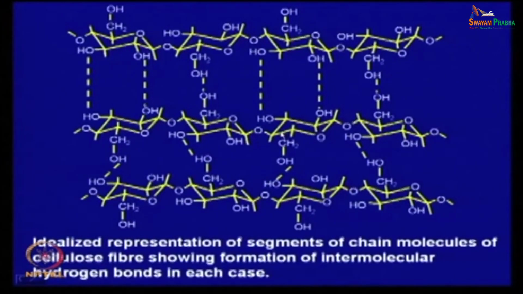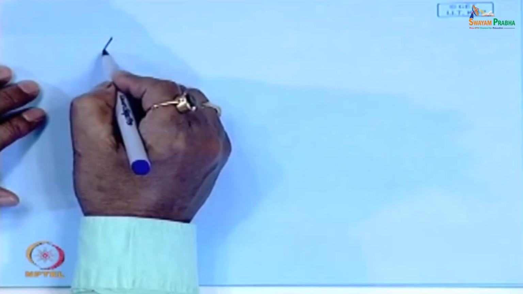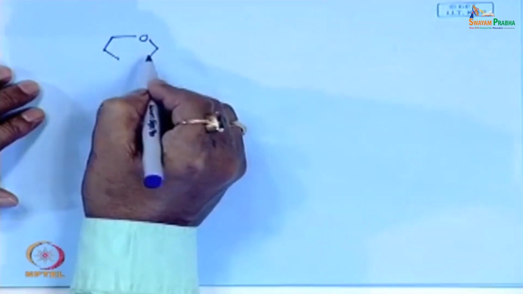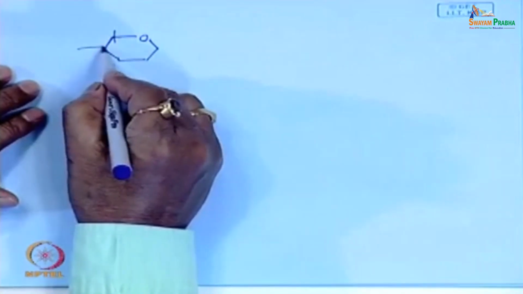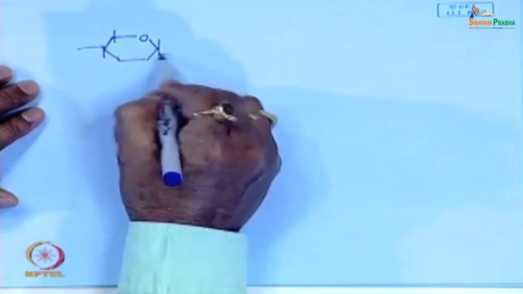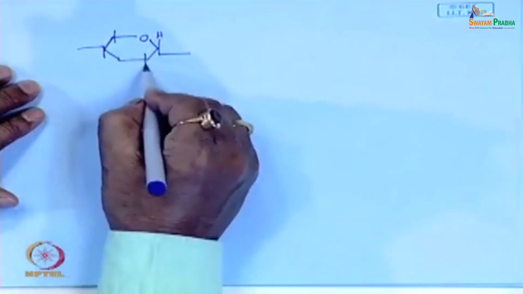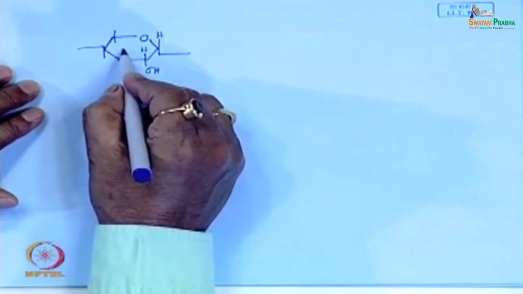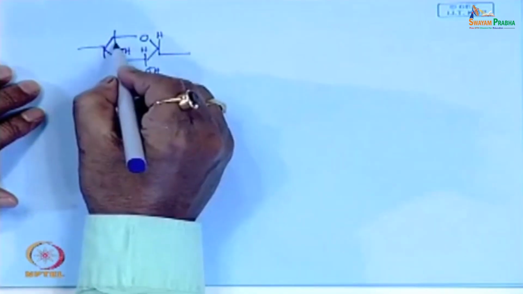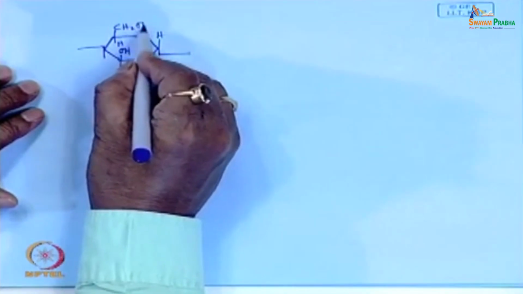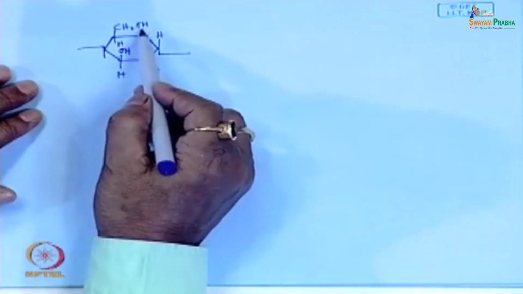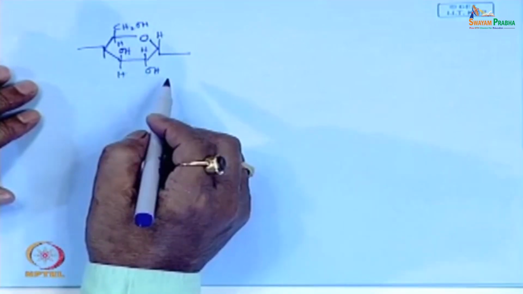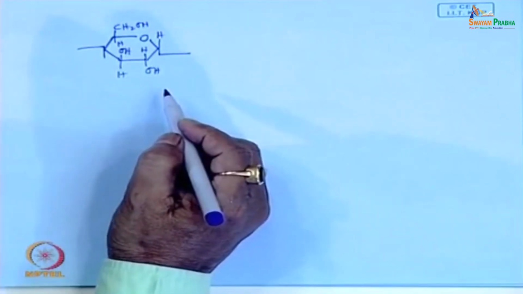This may be a little complicated to students from a non-chemistry background. Just you see, you can visualize in this fashion also. These are primary hydroxyl groups, these are secondary hydroxyl groups present in the cellulose anhydroglucose ring.